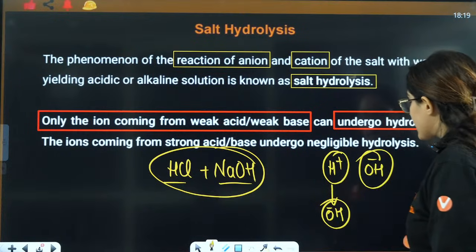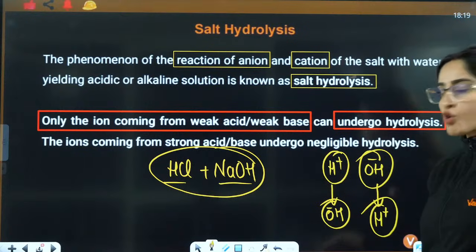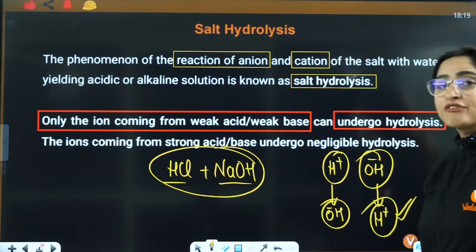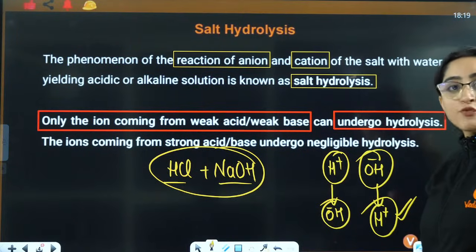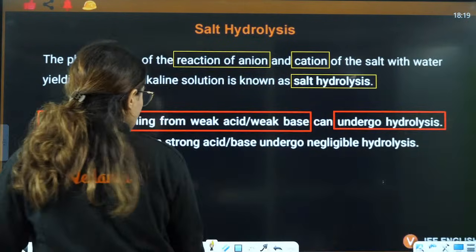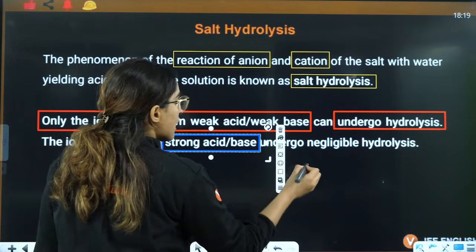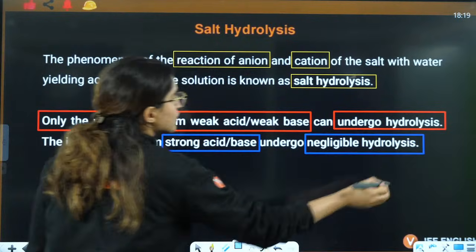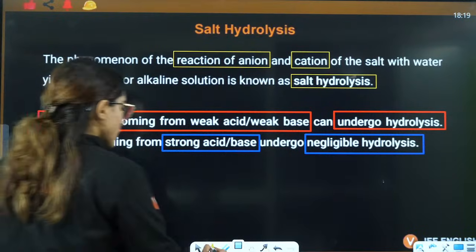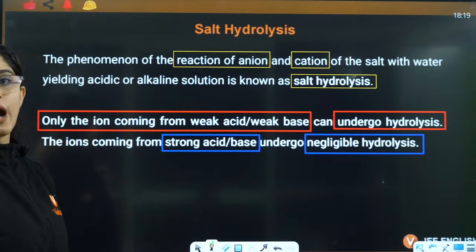OH negative can react with H positive only when the H positive is extra in the solution, and that is only possible if one of them is weak or both of them are weak. So ions coming from a strong acid or base undergo negligible hydrolysis. Ions coming from a strong acid and strong base will not undergo hydrolysis.